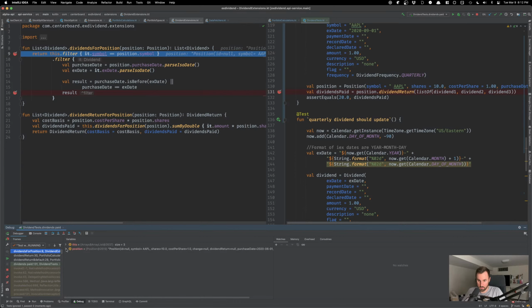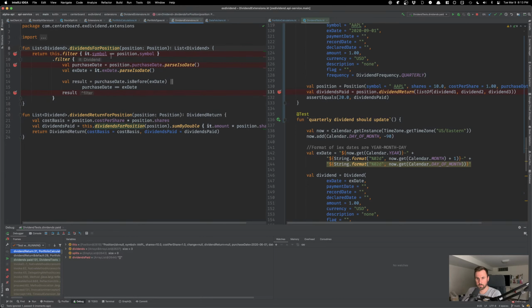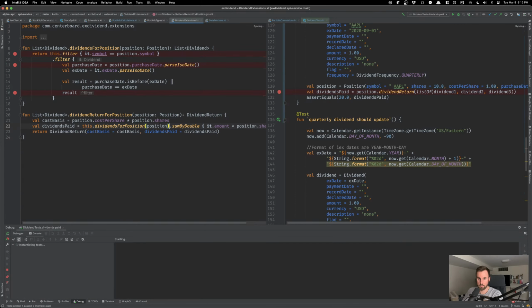Position is Apple. There's 3 dividends there. Okay, so first it filters out the symbol. What? Wait. Filter if... Oh boy, why isn't it even getting into that block?